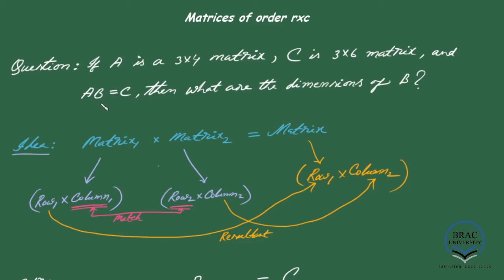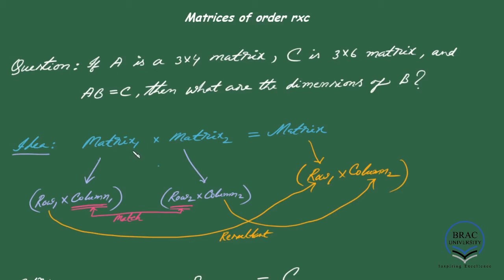Before we start solving this problem, let me give you an overview of the idea of the dimension or order of matrices and how that works in general. This is applicable for both square matrices and matrices that are not square.